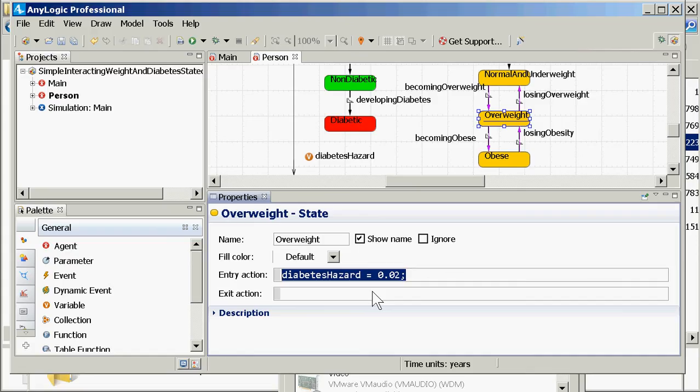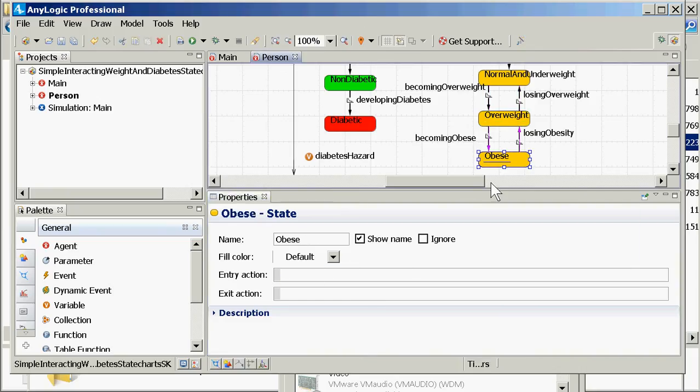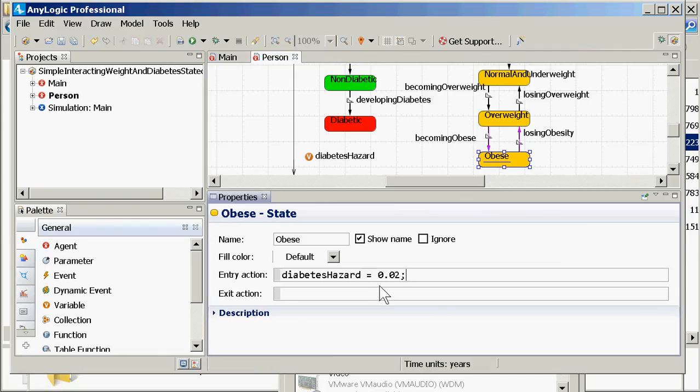Does that make sense? Are people comfortable with that notion? I sense residual discomfort. Okay, and then in the obese state, they're going to have a 5% chance per year of becoming diabetic.